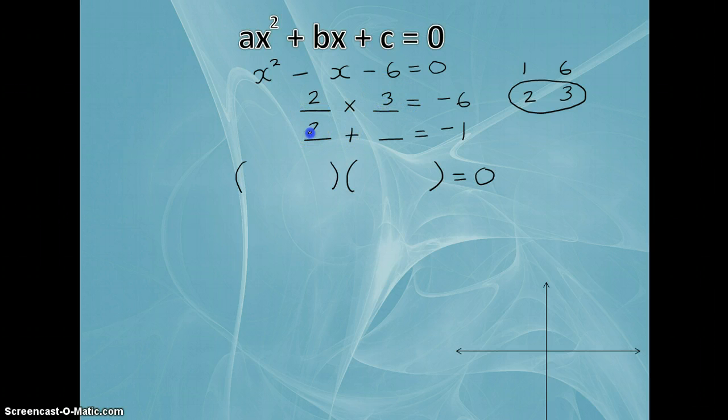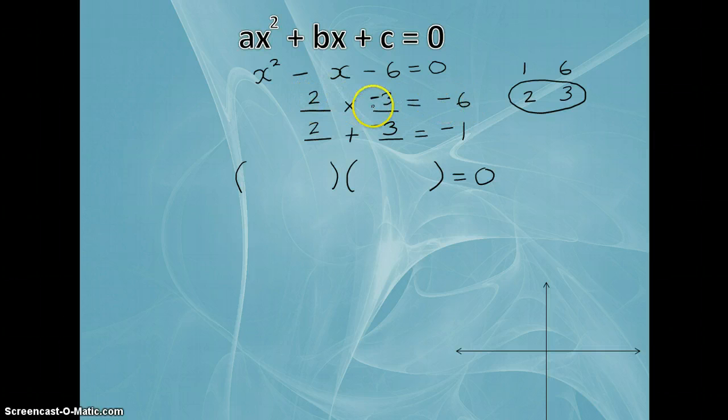So I've selected and got the correct numbers. I now need just to double check whether I've got the signs correct or not, because at the moment 2 times 3 gives me positive 6, not negative 6. 2 add 3 gives me 5, not minus 1. But if I add a negative sign here in front of my 3, 2 plus minus 3 is minus 1. 2 times minus 3 does give me minus 6.